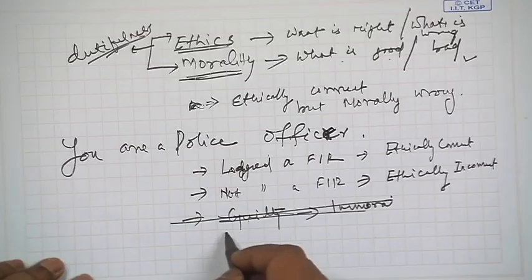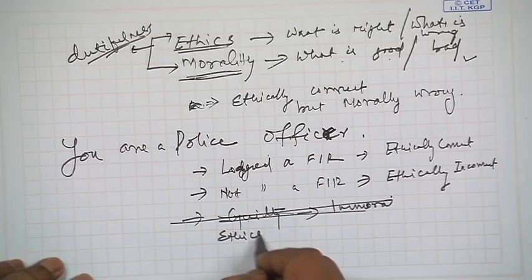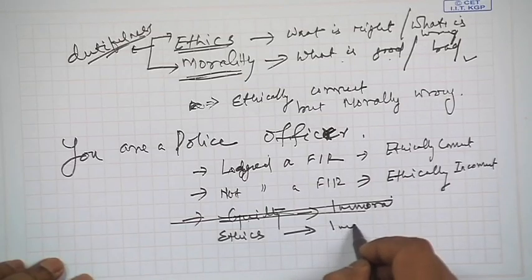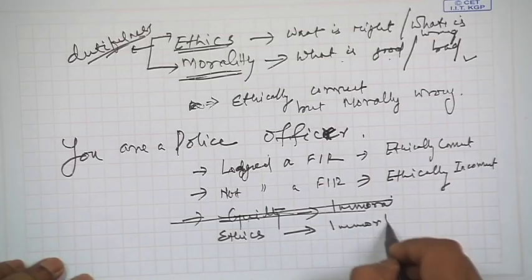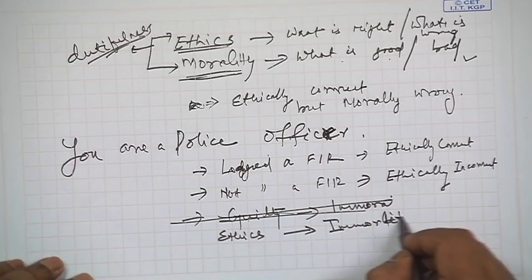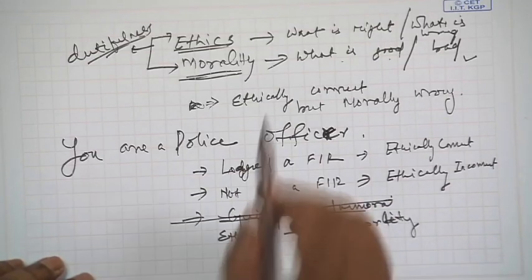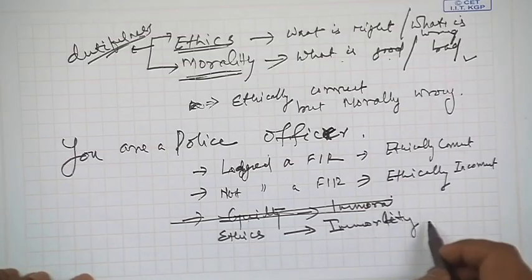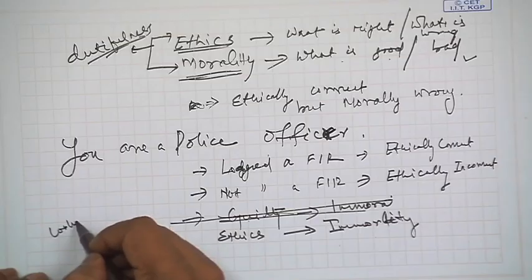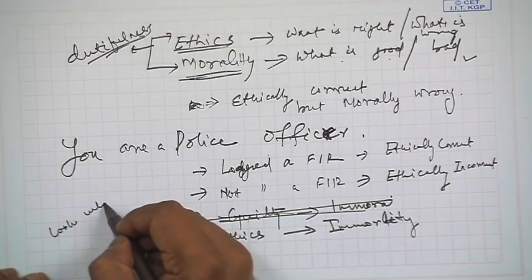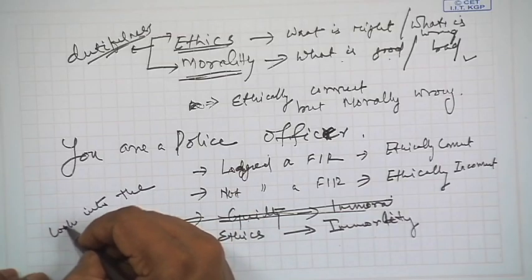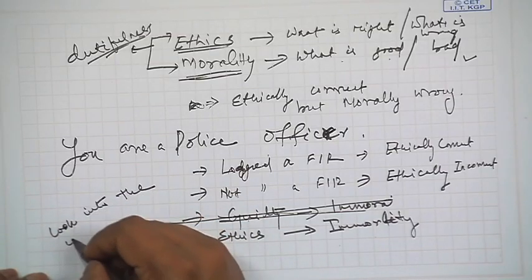The expression of ethics may lead to immorality, because your moral responsibility as a brother is to look into the welfare of your brother.